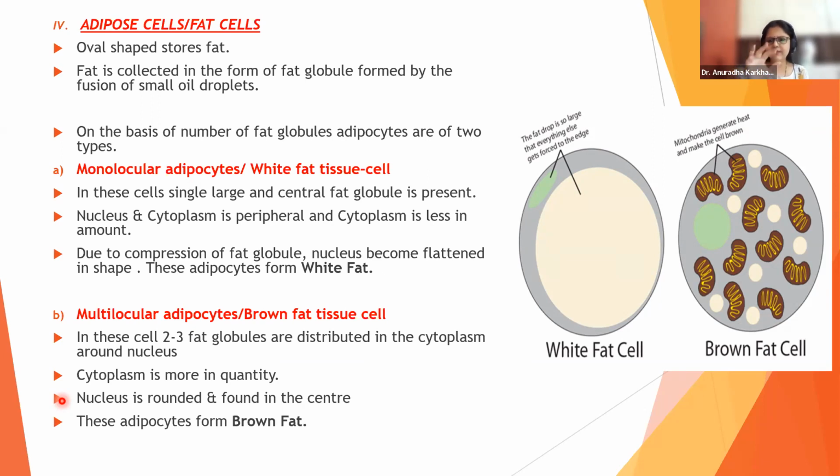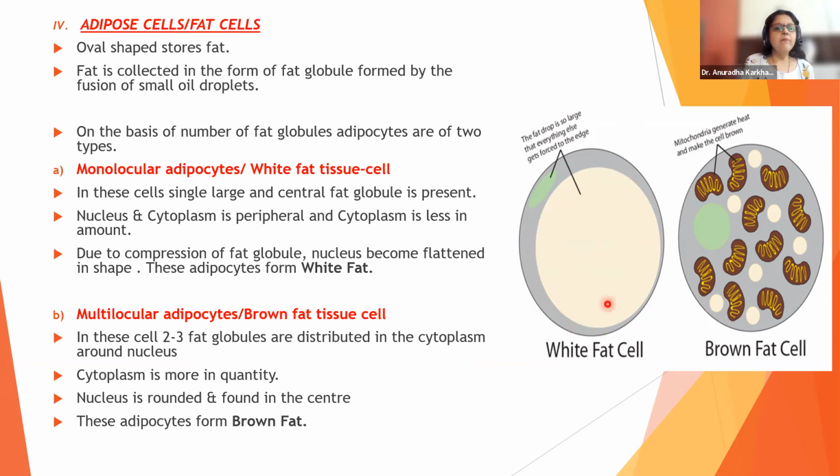So let us understand what exactly all these things are. See, monolocular, in these cells, a single large central fat globule is going to be present. Here in the diagram, you can very well see a fat drop, which is so large that everything else gets forced to move towards the edges. Inside the cell, you can see there is a huge oil droplet, fat droplet, this grayish, whitish, beige color.